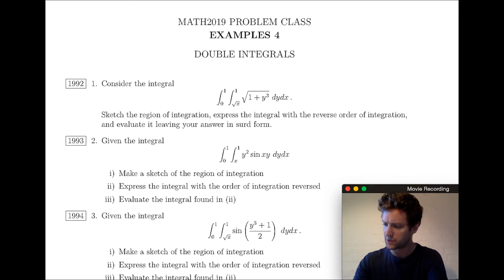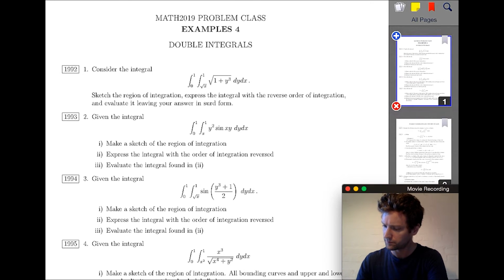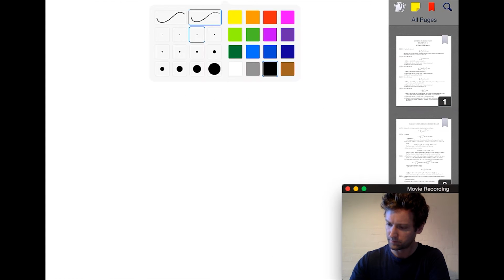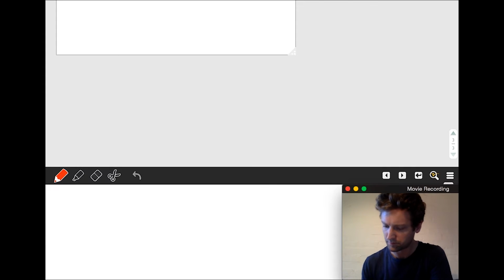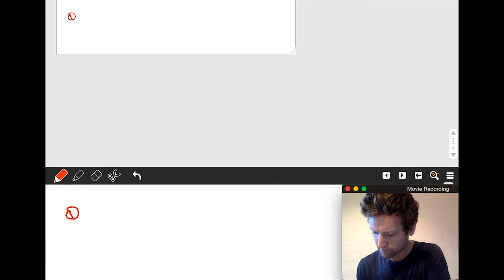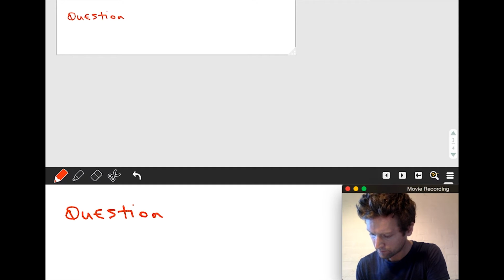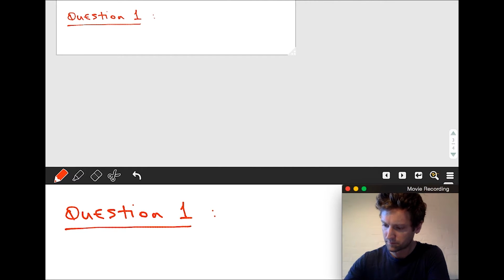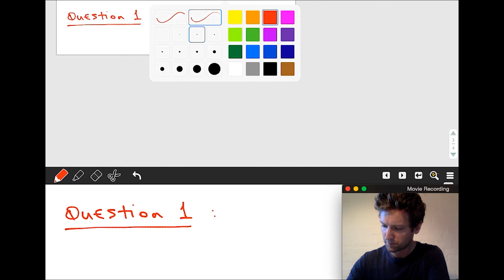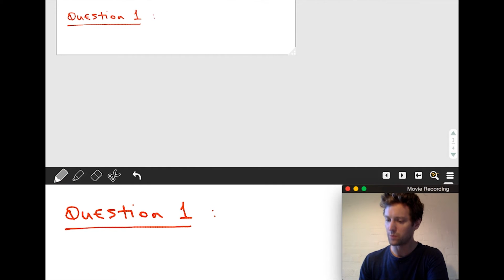So that's our first step here. Let's draw our x and y coordinates. Remind ourselves what the actual integral is.